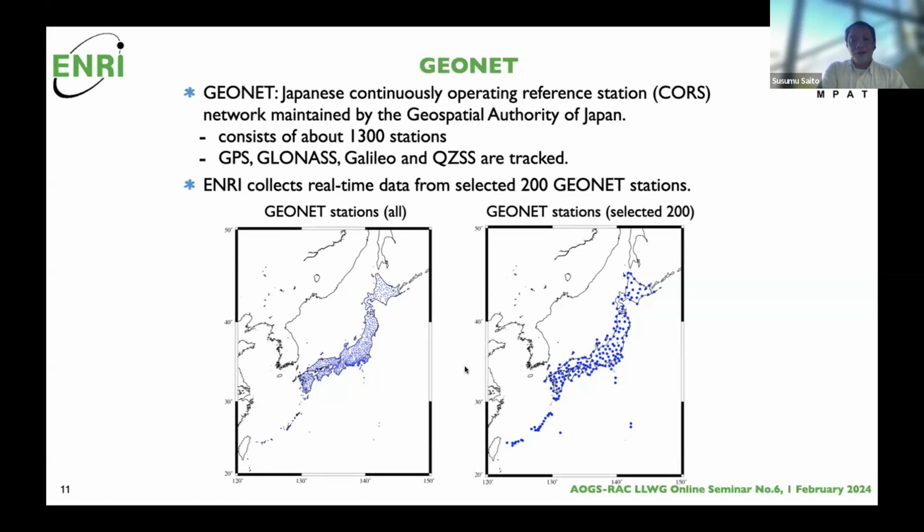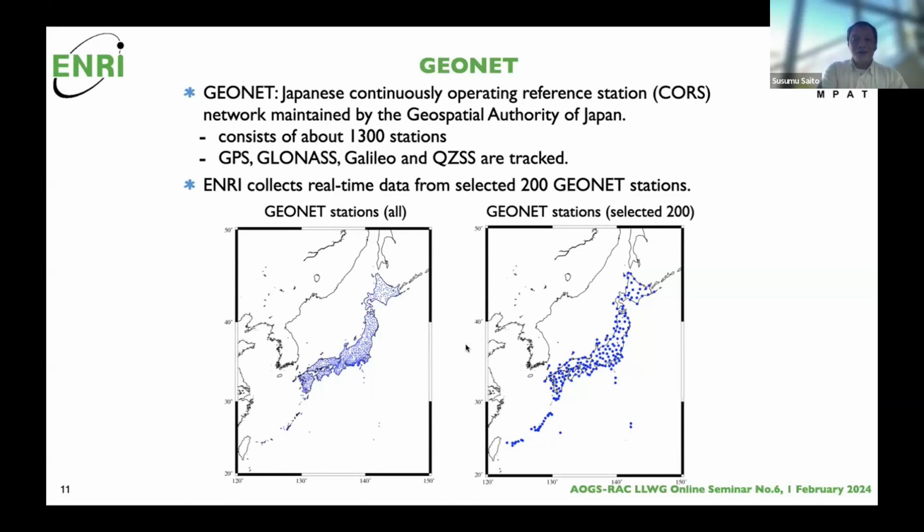My institute is not particularly focused on ionospheric study, but more and more on the application side, especially air navigation, aircraft navigation using GNSS. So we have a lot of GNSS-related studies and experiments.